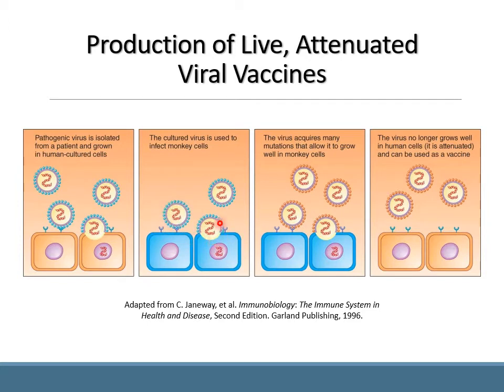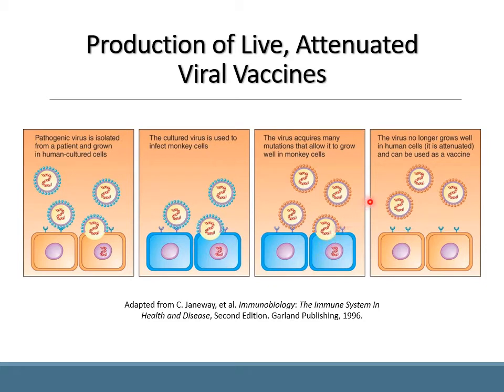Over time, in those monkey cells, they will develop mutations that will allow them to adapt to monkey cells. So over time and over many passages from one monkey cell line to another, more and more mutations are acquired that allow these viruses now to grow very well in monkey cells.